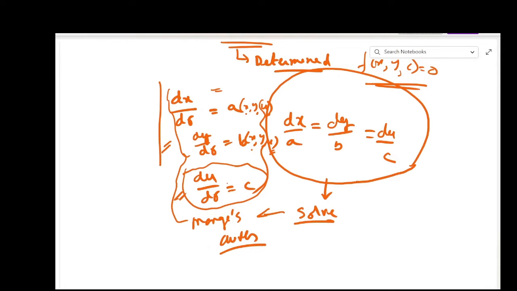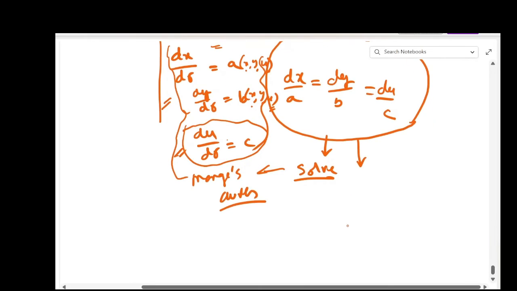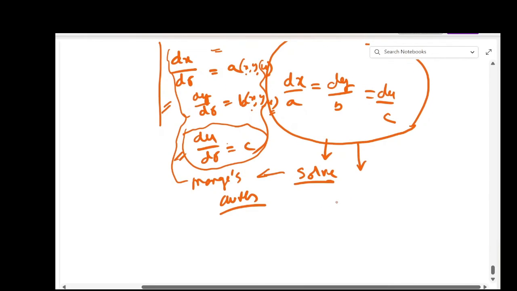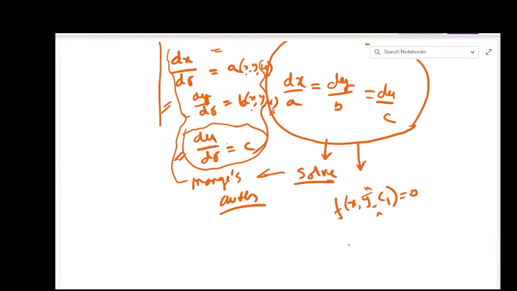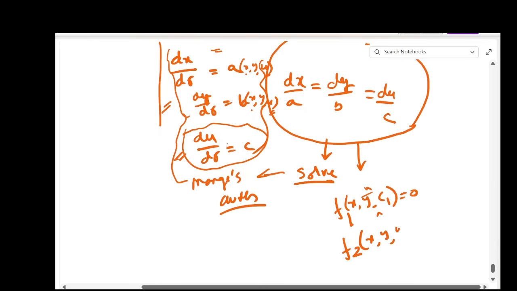So now if I solve it, what am I supposed to find? You can solve to find some f1 of x, y, u, c1, and then another one, f2 of x, y, u, c2.